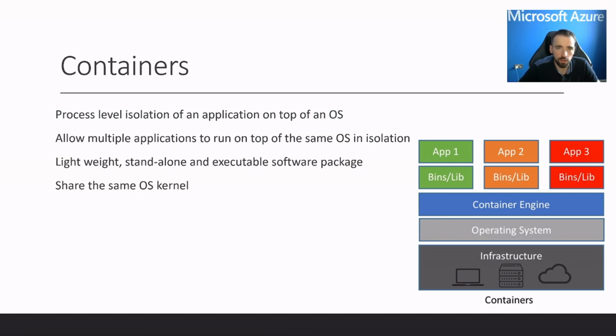This led us then on to the 2010s when we had a generational leap in the way that we could run our applications. And this was with the introduction of virtualization and virtual machines. And virtual machines enabled us to virtualize hardware on top of our physical hardware. And it meant that we could create a virtual computer and multiple virtual computers on top of the same physical server.